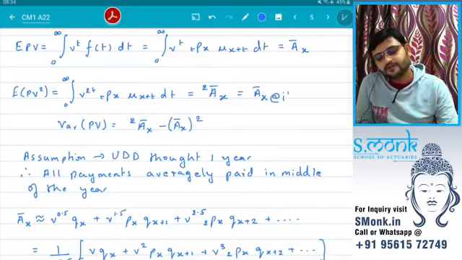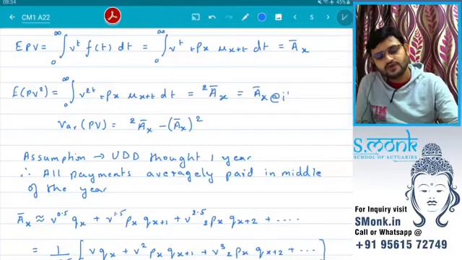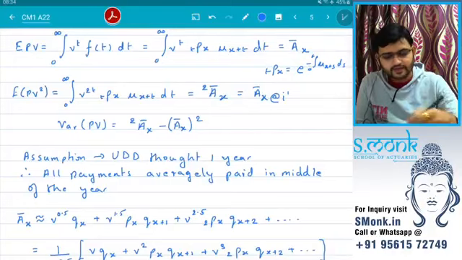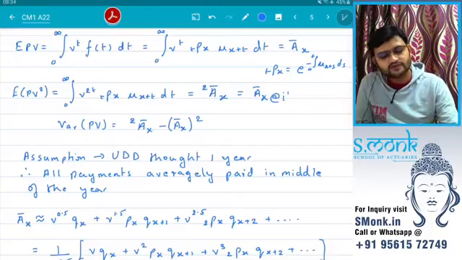And using this we can definitely find what our tpx is going to be, because we know our tpx is nothing but e raised to minus of integration mu x plus s ds, going from 0 to t. So we can definitely generate all of these values if we know mu. Mu is nothing but our force of mortality.